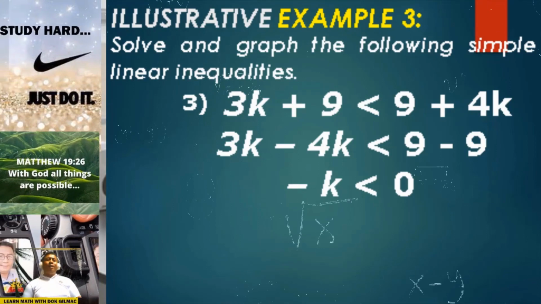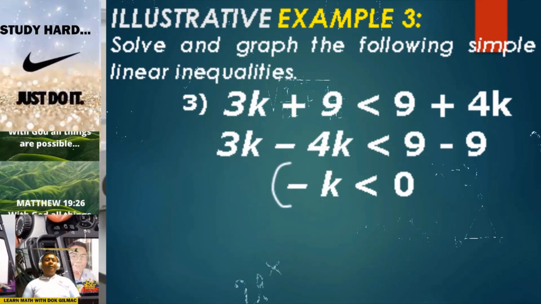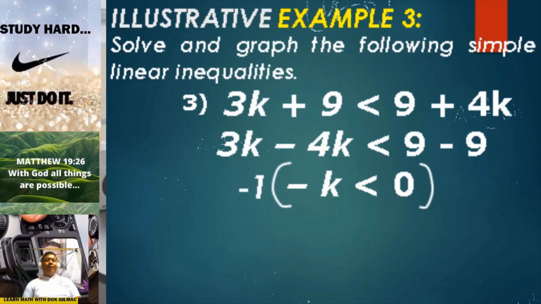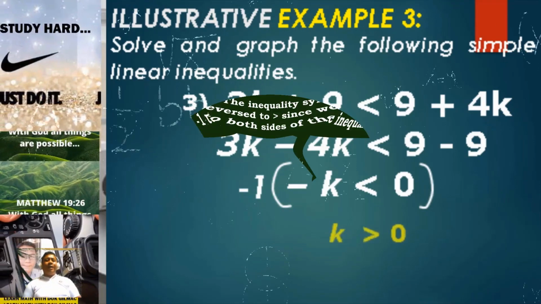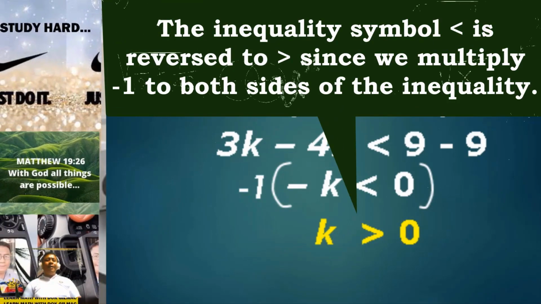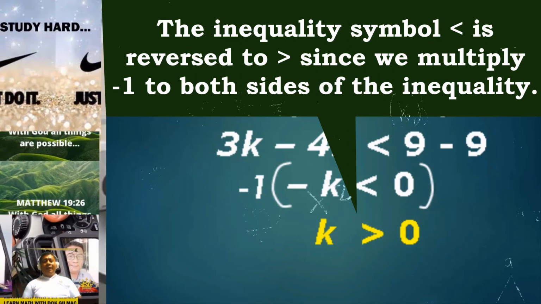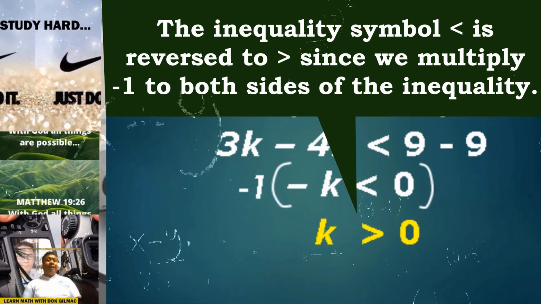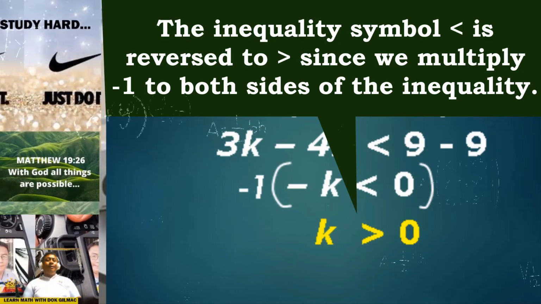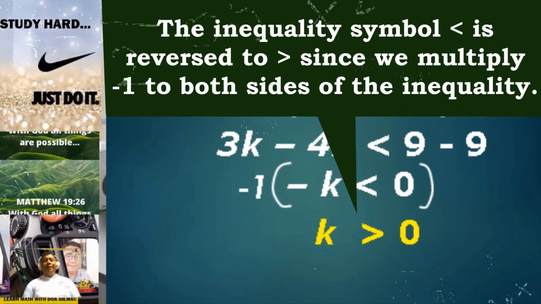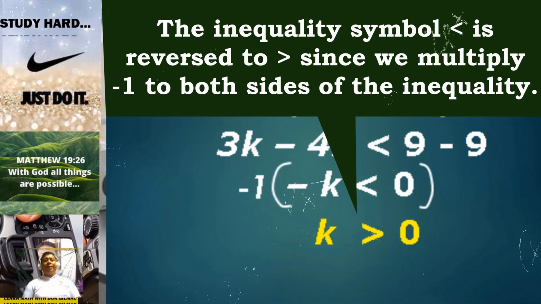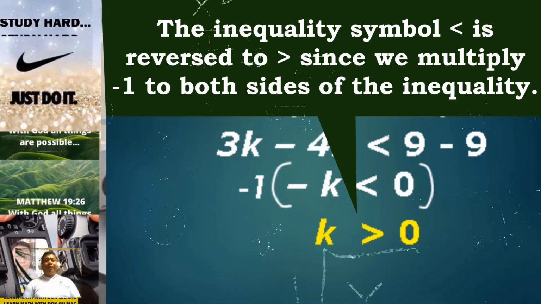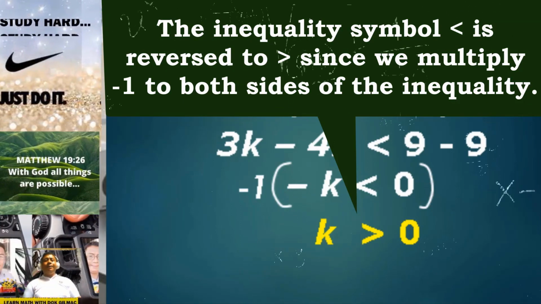Multiplying both sides of the inequality by negative 1, so we have k is greater than 0. Again, the inequality less than becomes greater than, since we are multiplying a negative number to both sides of the inequality.